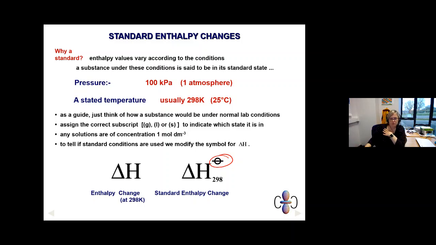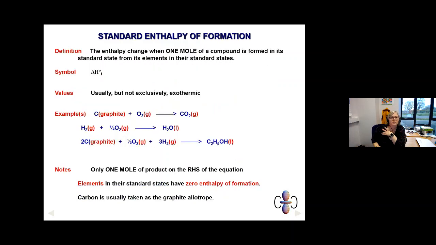Okay, so you've got standard enthalpy of formation. So formation, pretty self-explanatory, I hope, is the enthalpy change to create or form 1 mole of a compound. Yet again, we're going back to standardization here. So the enthalpy change when 1 mole of a compound is formed in its standard state from its elements in their standard states.